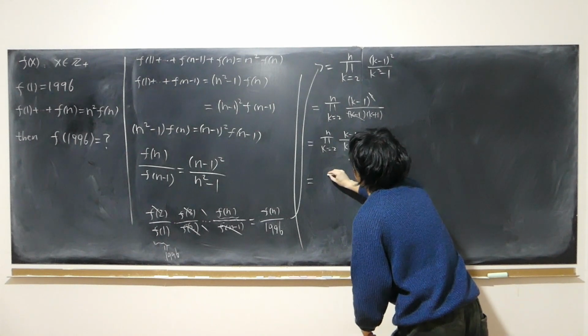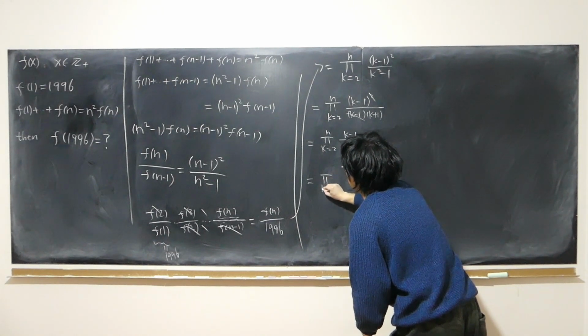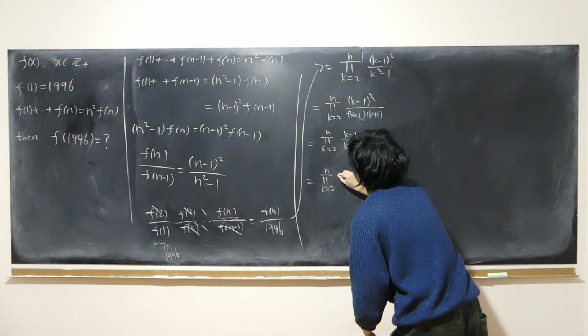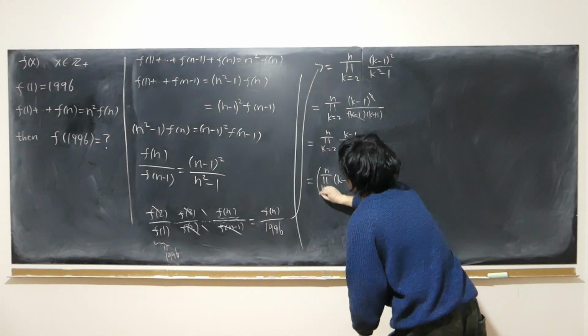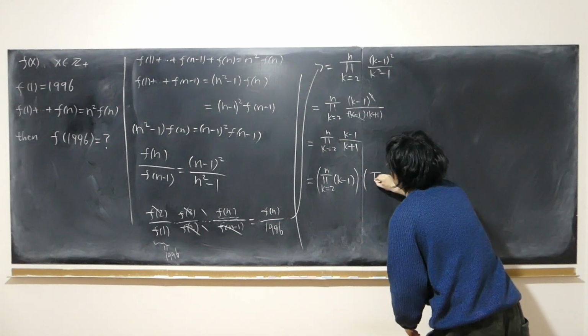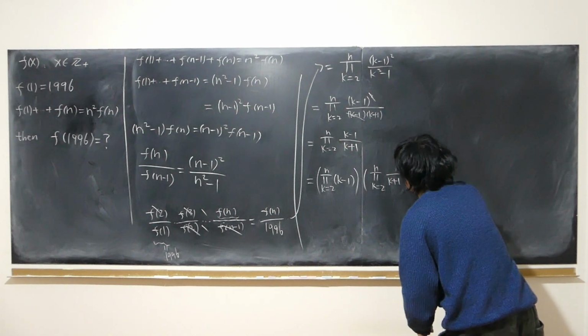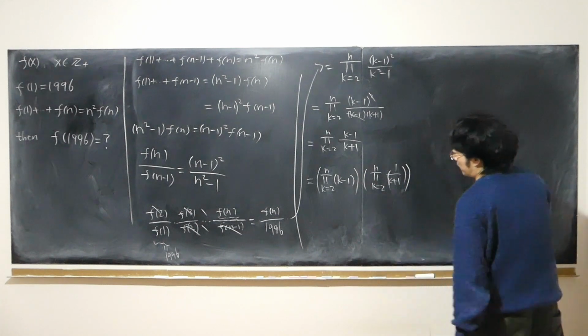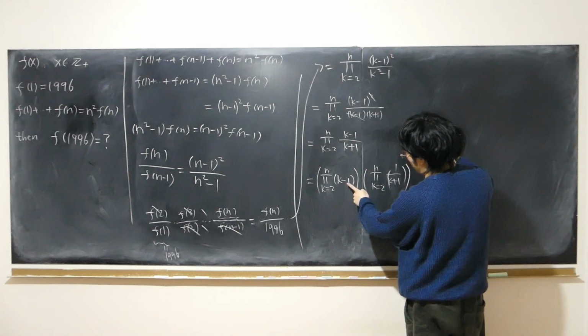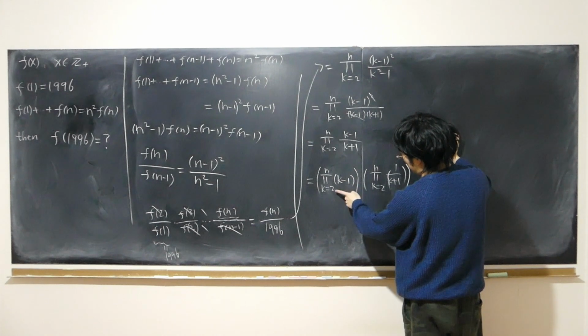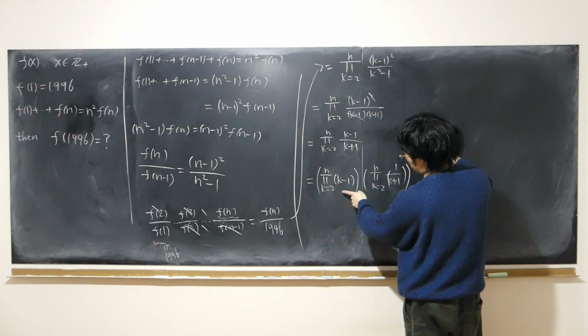Again, we can just re-index. After we break them apart into two products, the product from 2 to n of k minus 1, and the other product also from 2 to n of 1 over k plus 1. Now we can re-index. Replace k minus 1 with just k. So we start from 2 minus 1, which is 1, and end with n minus 1.